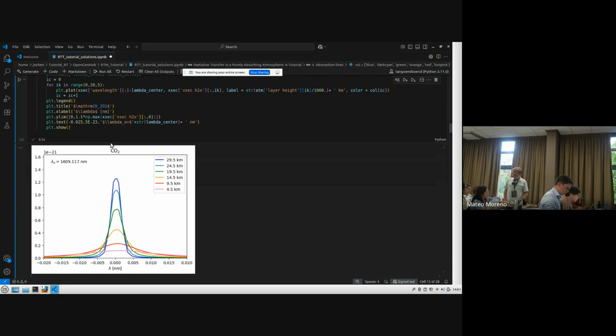So the meaning of this line is kind of the probability of the absorption. The units are in centimeter squared. It's an effective area, and the larger the area, the larger the chance that it's really absorbed.